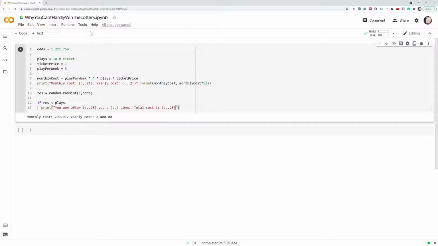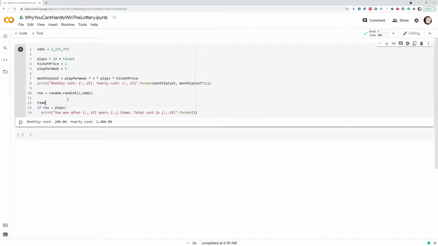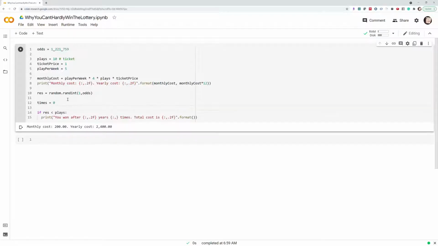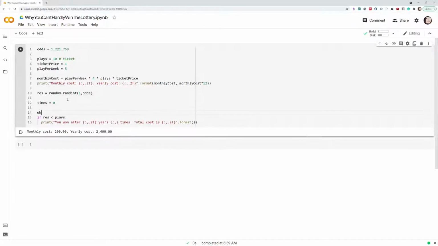And in the same manner, I will say format. Now, you want to know after how many years? To know that, you will need to have a variable that tracks the time you play. Let's say the number of times you play also depends on it, because you play for a long time until you win.